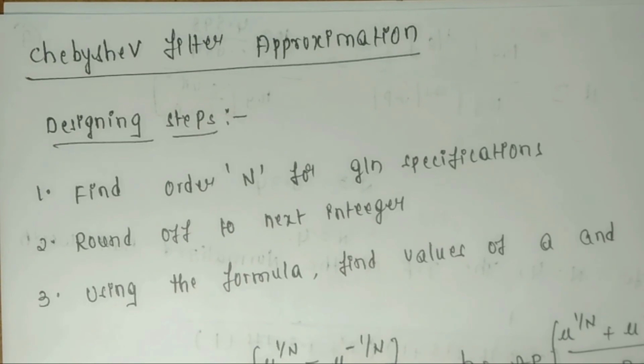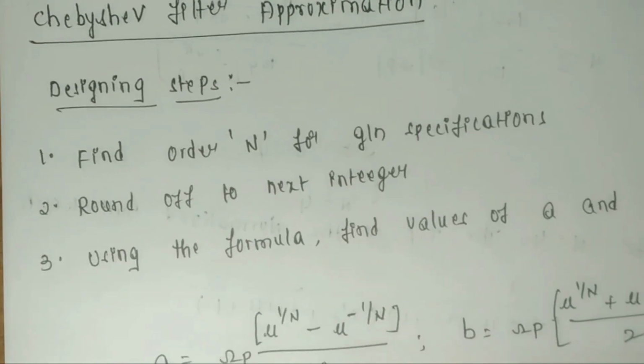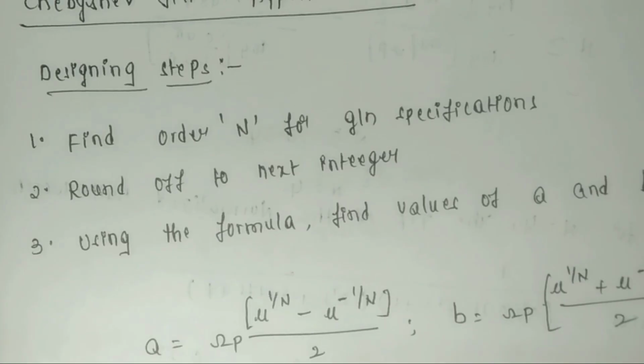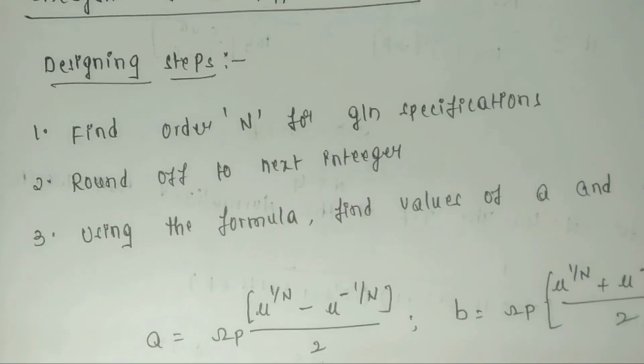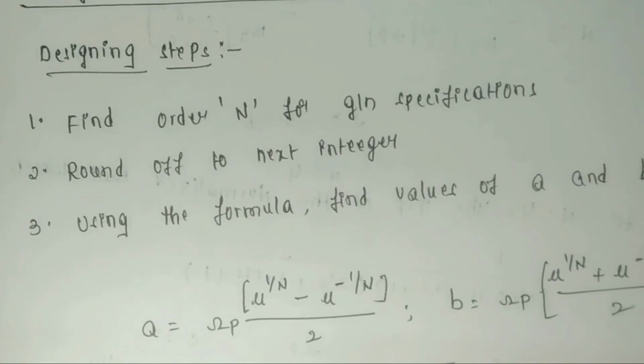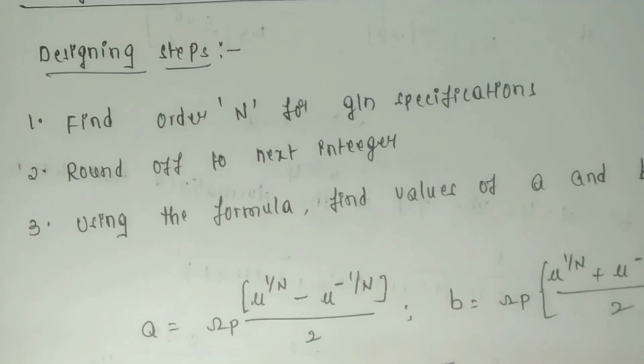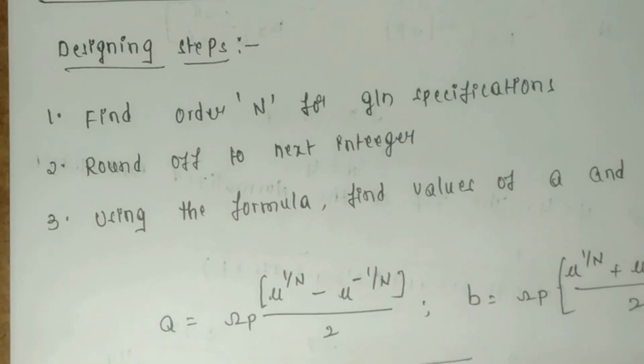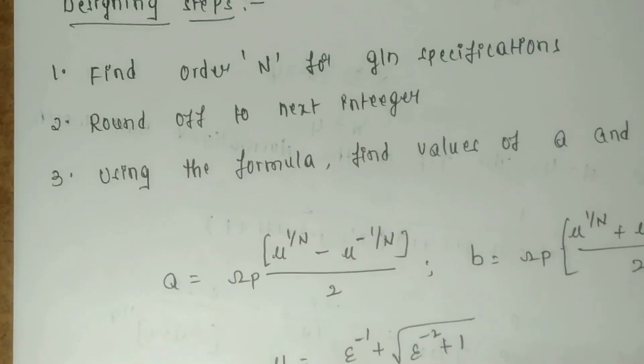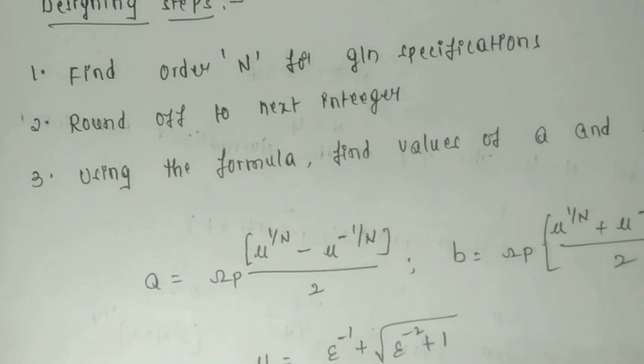Now I'm going to teach you the designing steps for the Chebyshev filter approximation method, just like the Butterworth filter approximation method. Here also we need to find the order of the filter, and then round it off to the next integer value. I told you in the previous classes why we need to round off to the next integer value.